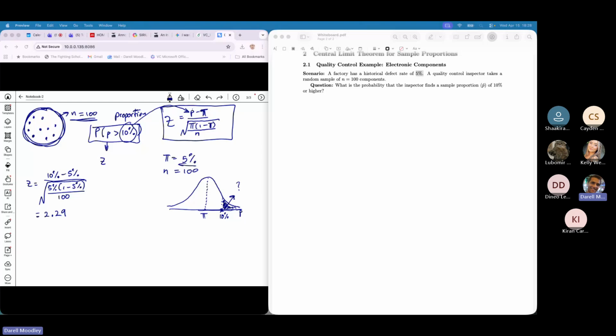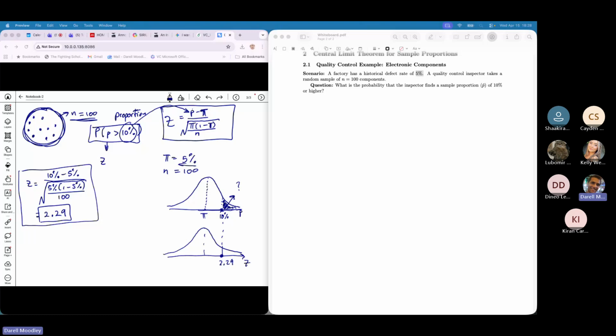So what you've essentially done by getting the z value is you've mapped the equivalent p-value to the z value. So here, this 10% is equivalent to 2.29 for your z distribution.